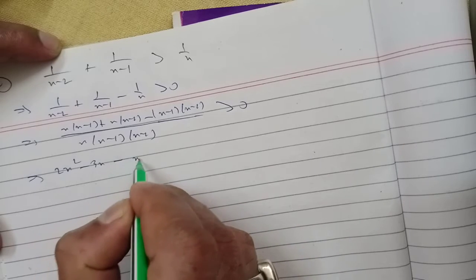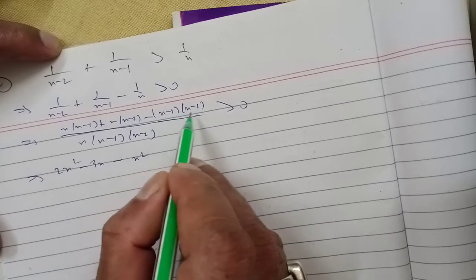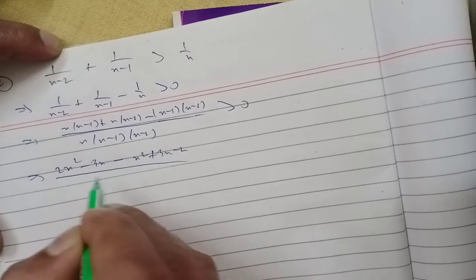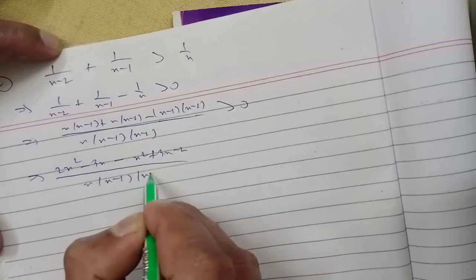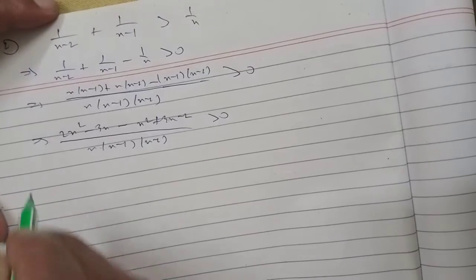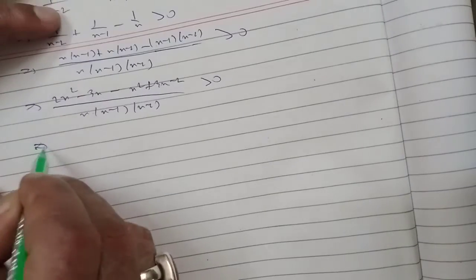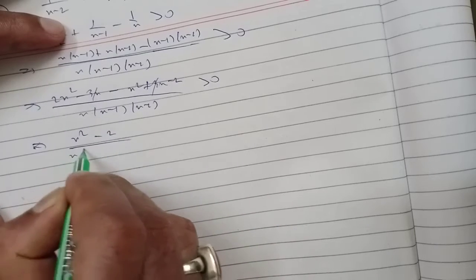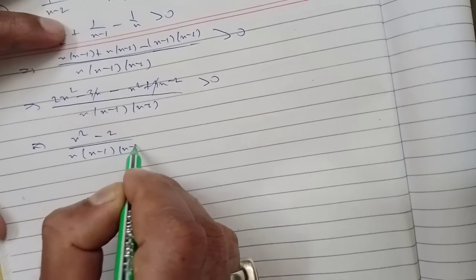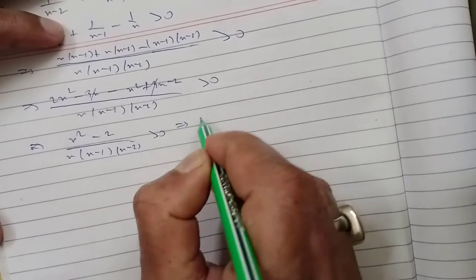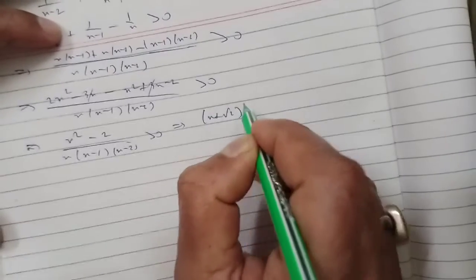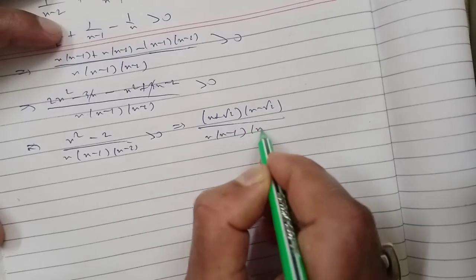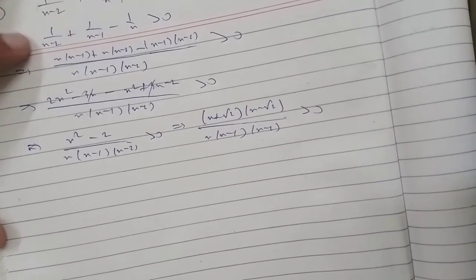Here it will be minus x square, minus 2x minus is minus 3x, so this will be plus 3x plus 2, this will be minus 2, whole divided by x(x minus 1)(x minus 2) greater than 0. Then we get x square, this is cancelled, minus 2 divided by x(x minus 1)(x minus 2) greater than 0. So factorize the numerator, we get (x plus root 2)(x minus root 2) divided by x(x minus 1)(x minus 2) greater than 0.